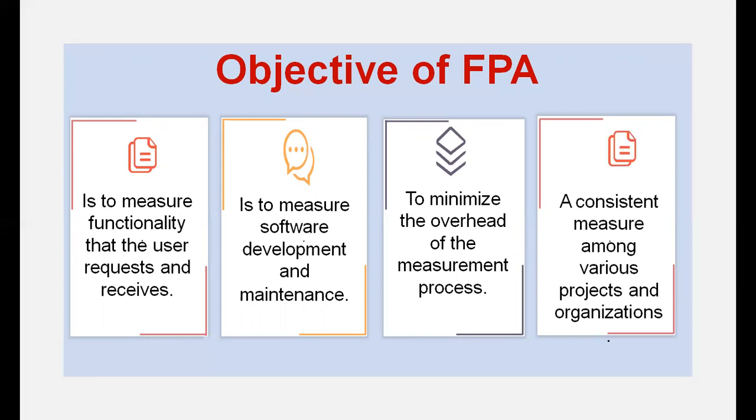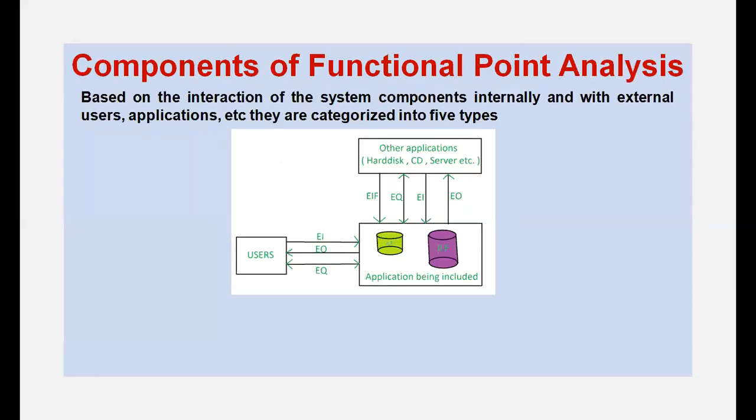Now let us see the components of functional point analysis. Based on the interaction of the system components internally and with external users, applications, etc., they are categorized into 5 types. First one is external inputs, EI. This is the process of capturing inputs from the users like control information and business information and storing it as an internal or external logical database file.